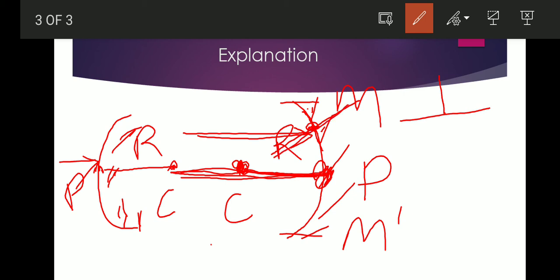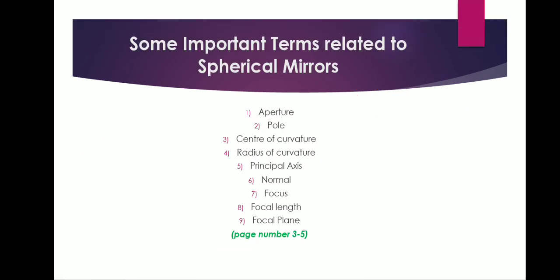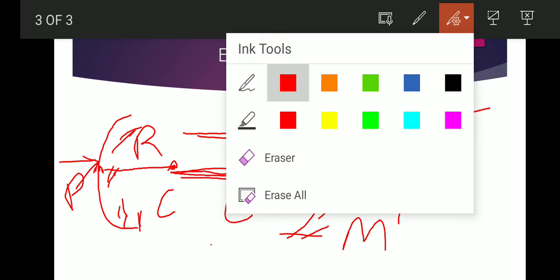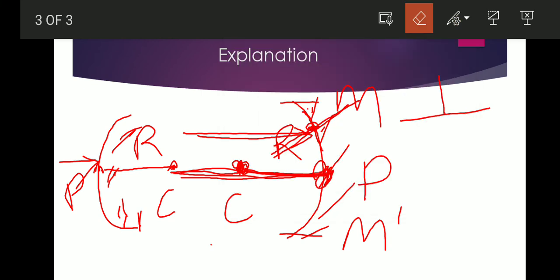This is normal. Then what else? Focus. We'll explain focus again. Yes, this is our mirror, and this is our incident ray.